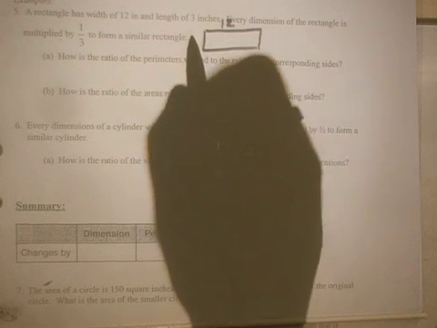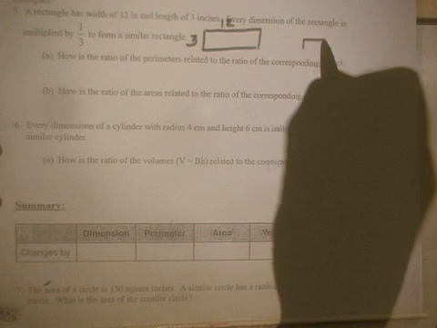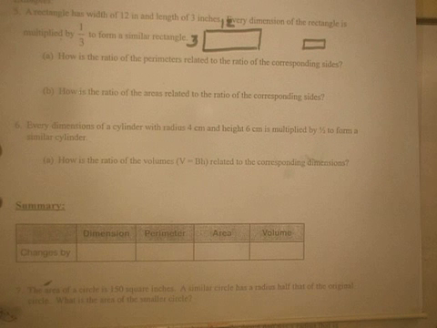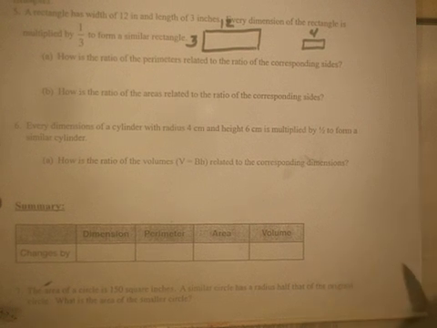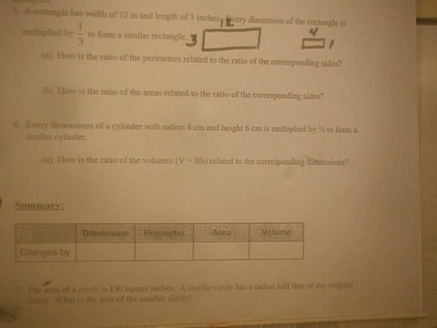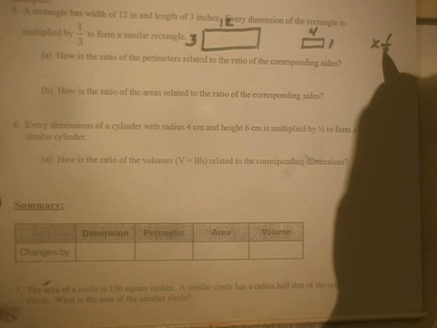And then we're going to multiply those dimensions by 1/3 to get this smaller one. 12 times 1/3 is 4, and 3 times 1/3 is 1.